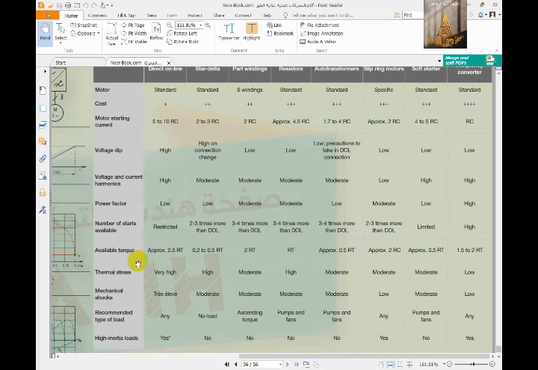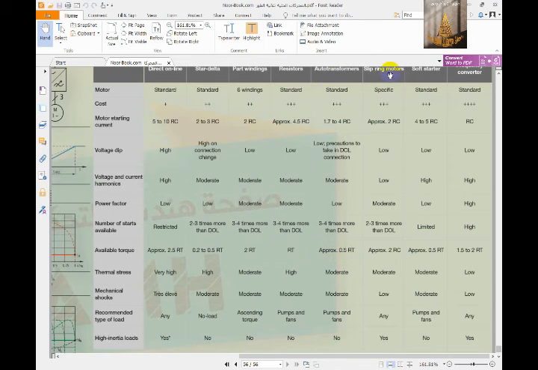Available torque: for direct online, it's approximately 2.5 RT. For star-delta, it's 0.2 to 0.5 RT. For the part windings, it's 2 RT. Resistors, it's 1 RT. Auto transformers, approximately 0.5 RT.